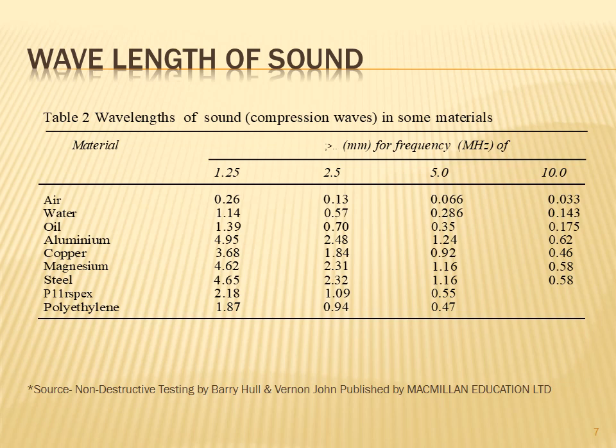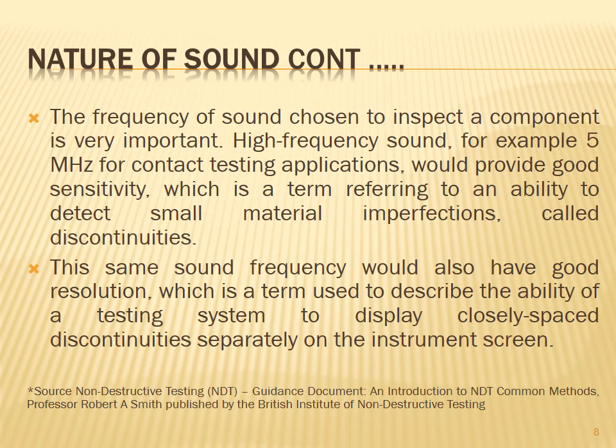For example, 4.65 mm in case of steel requires 1.25 MHz frequency, and to find the minor defects of 0.58 mm in that steel, we require 10 MHz frequency. Frequency plays a very vital role in finding the defects in a component during testing through the ultrasonic technique.